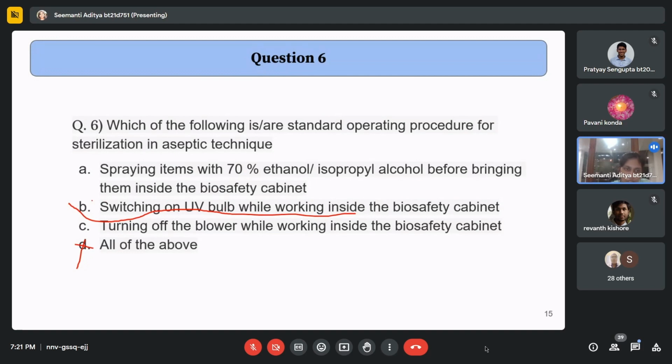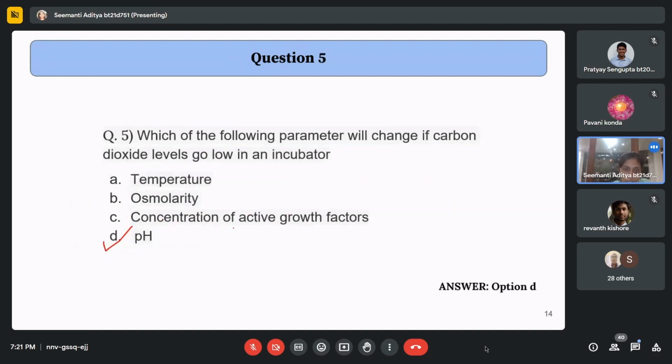So this option is not correct at all, that the UV bulb has to be on while working, because it is very hazardous. The option of turning off the blower while working inside the biosafety cabinet is also not correct, because the blower helps in the airflow.